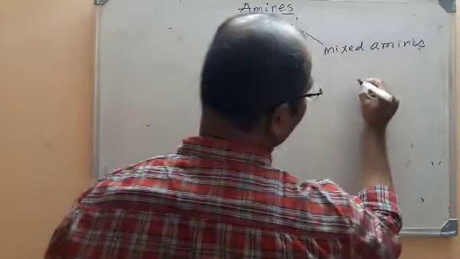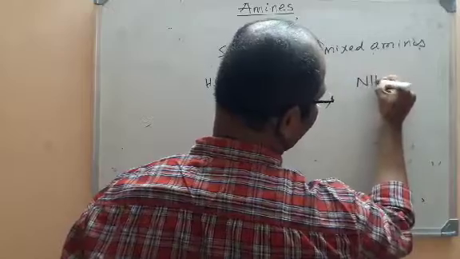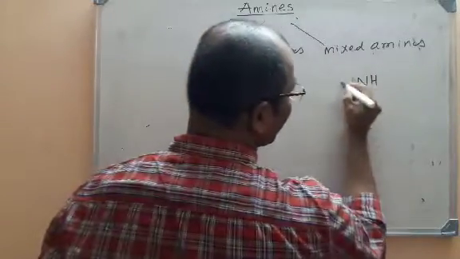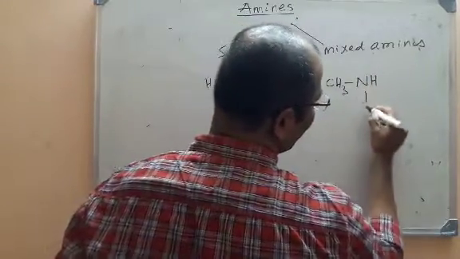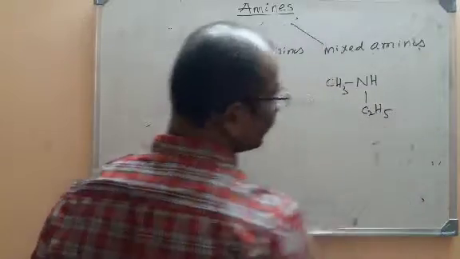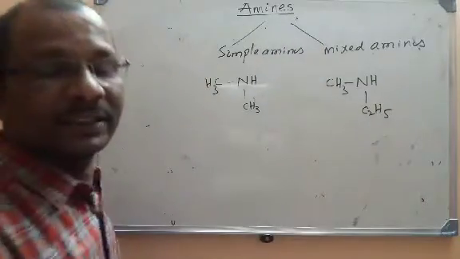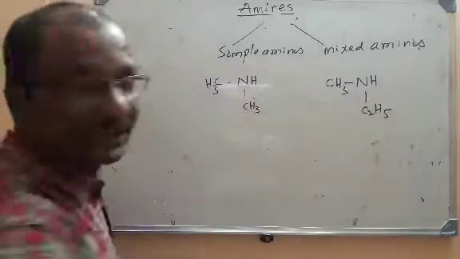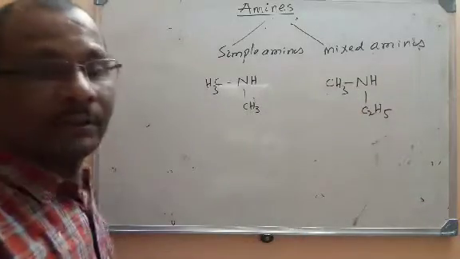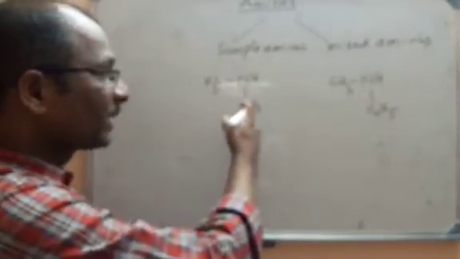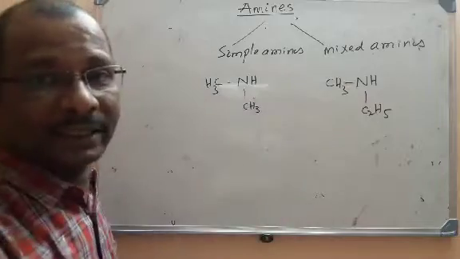On the other hand, I will write one amine here. I am taking again a secondary amine. One of the alkyl groups is methyl and the other one is ethyl. Look here, both are different. Then it is called a mixed amine. A simple amine will have all the alkyl groups the same. A mixed amine will have different alkyl groups. It is possible only for secondary and tertiary amines.